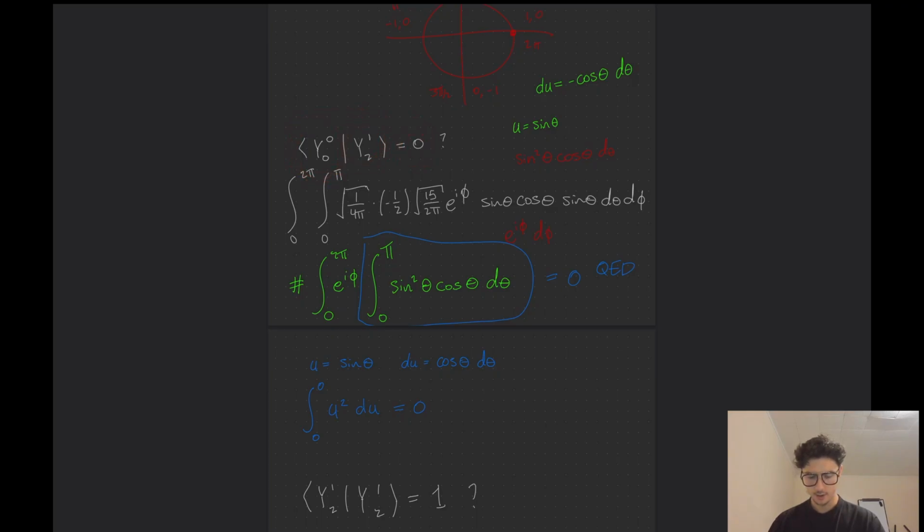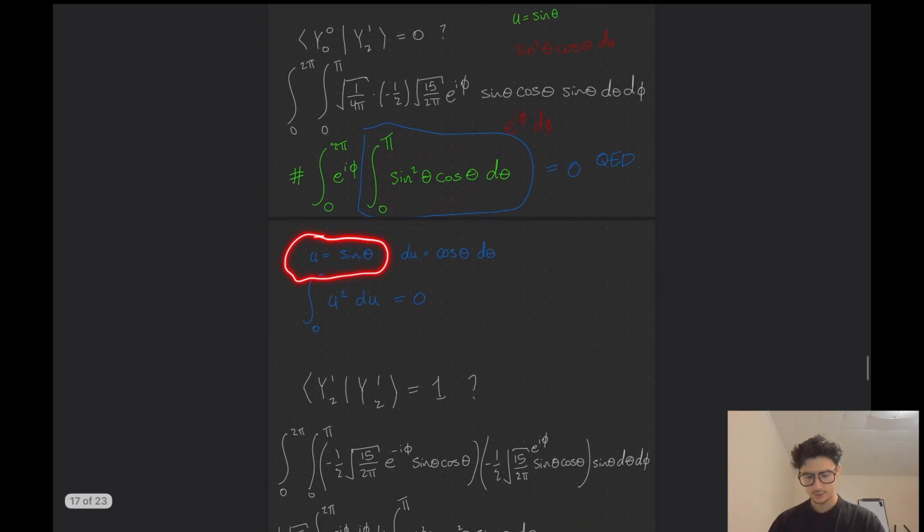If the functions are different, you have to get 0. How do you get 0? You can just look at one of the integrals. In my case, I looked at the d theta integral, which went from 0 to pi, and I looked at this here. How did I do this integral? I did a u sub. I said u is equal to sine. The derivative of that is cosine. Then this cosine here and d theta is just replaced by the du right here. U becomes u squared because it's sine squared.